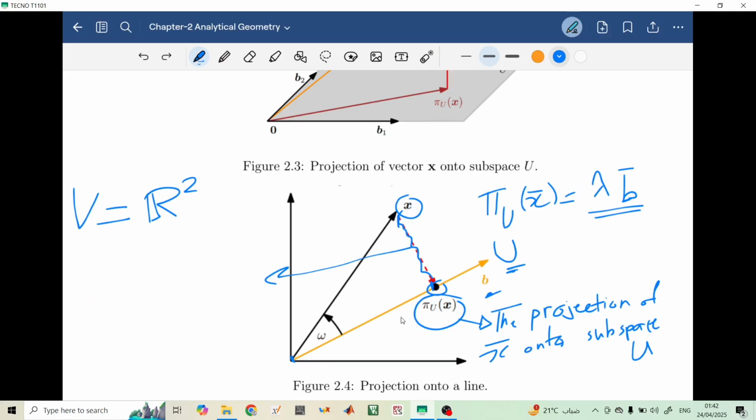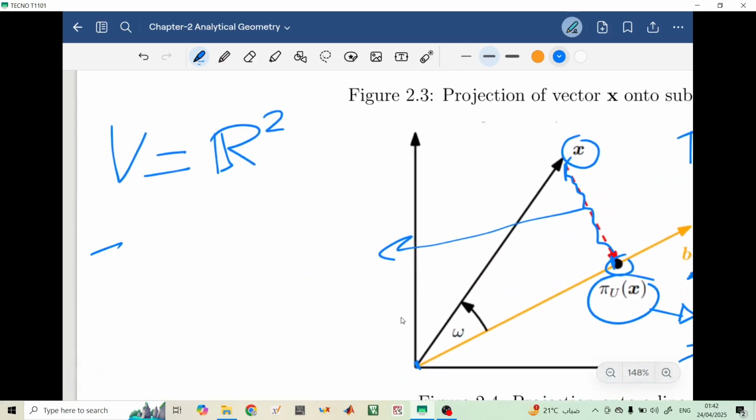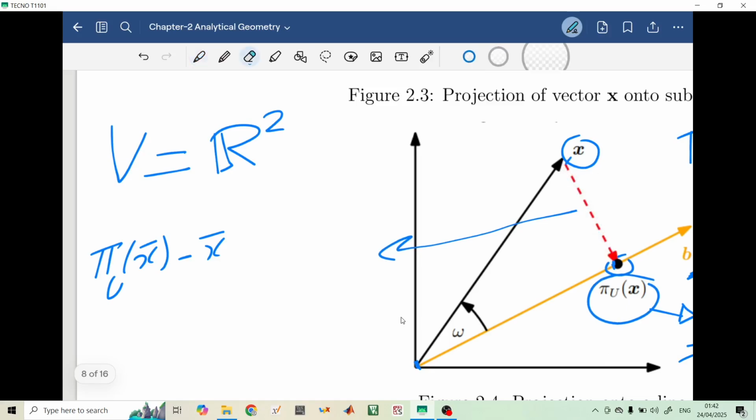Let's zoom in a little bit and write it. So this is the projection of x onto u minus the original vector, which is this red dashed vector. This is perpendicular to the projection itself.